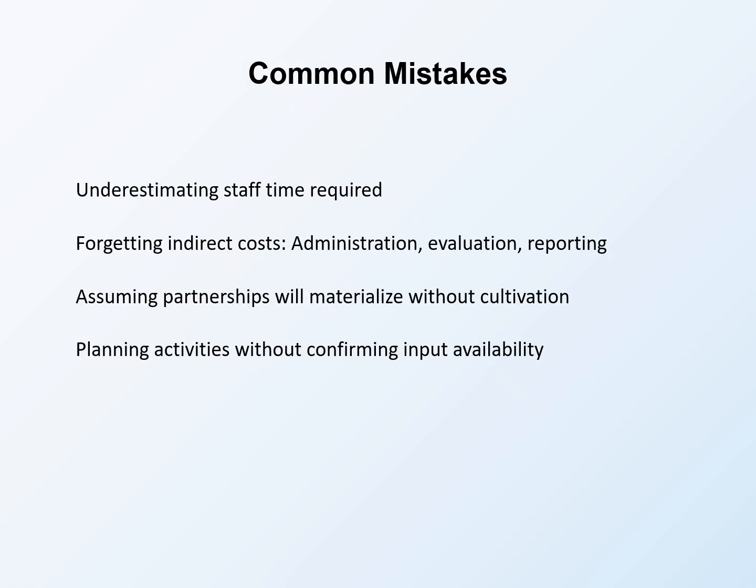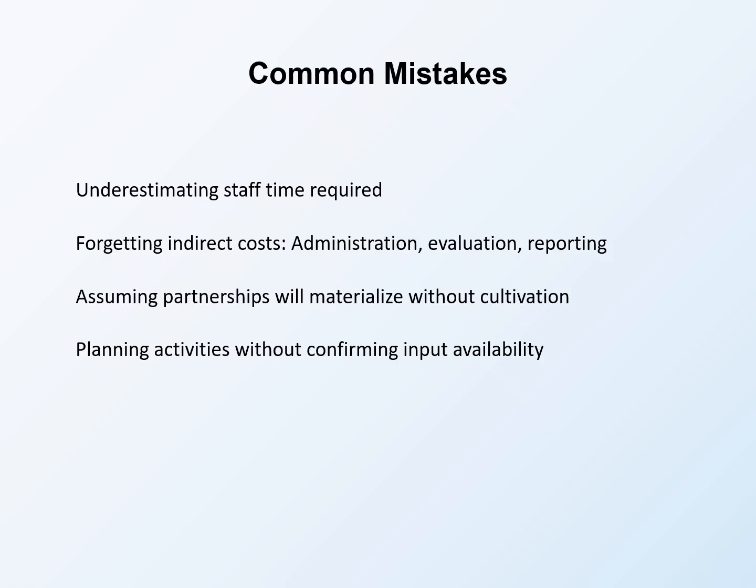Let me highlight common mistakes in inputs and activities planning. Underestimating staff time required. Activities always take longer than you think. Meetings, documentation, problem solving, coordination. These eat time. Build in realistic estimates. Forgetting indirect costs. Administration, evaluation, and reporting all require resources. A program with no budget for data collection can't evaluate itself.